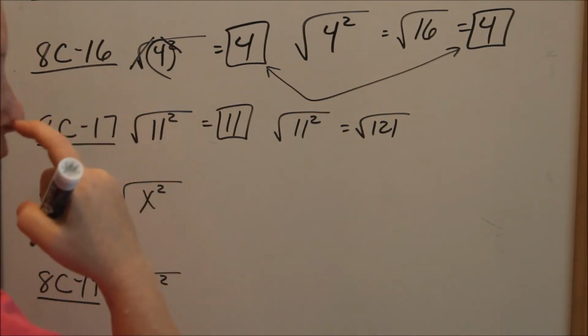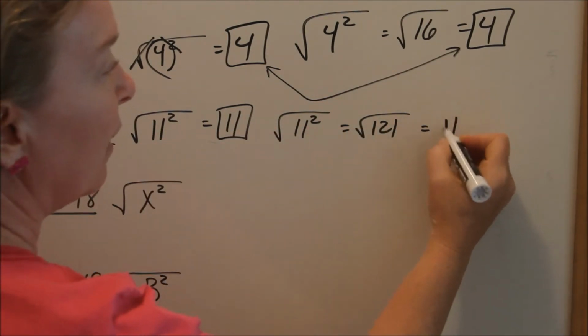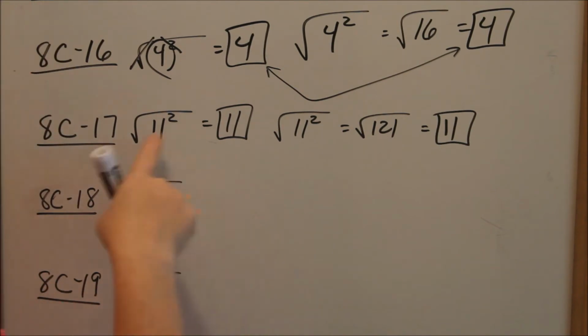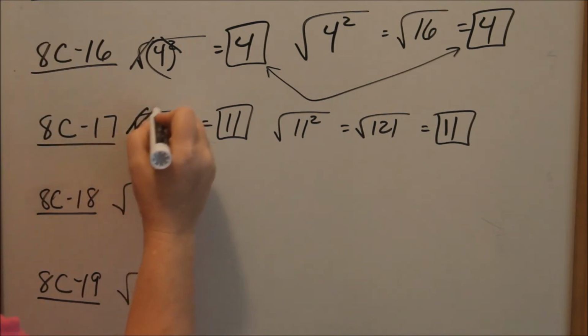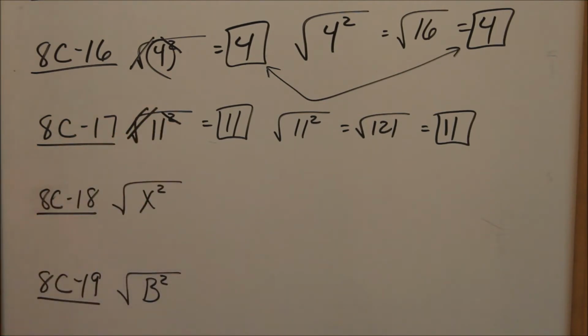Now you do the square root of 121. You're saying what times itself gives you 121? 11 times itself. That just proves to you that the square root and the square cancel each other out, and that's how I show it to cancel them. I mark out the radical and I mark out the square, and then my answer is just that number right there.